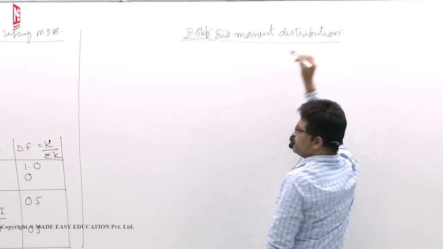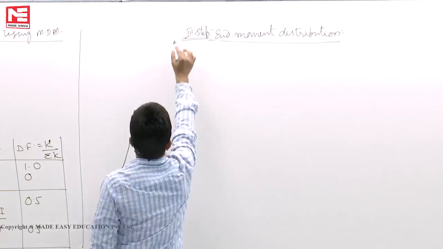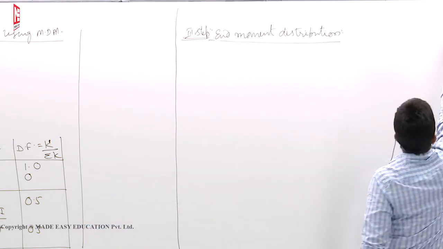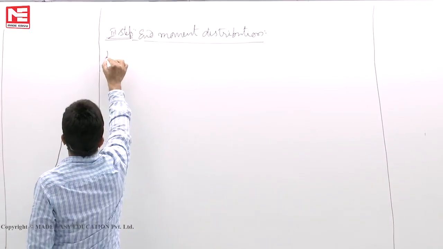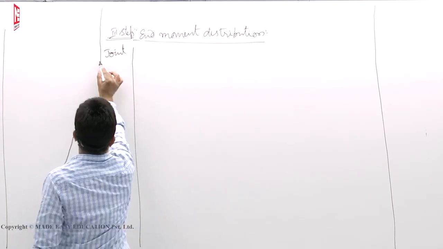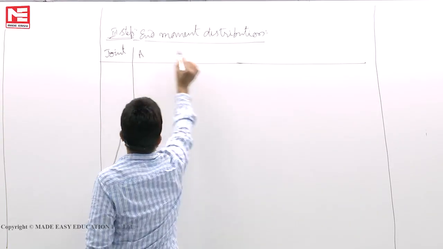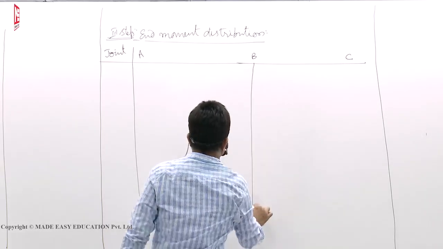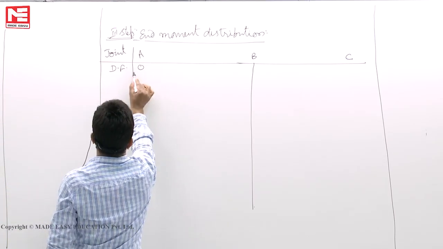Next problem, we will skip the second step also. End moment distribution. Joint, we have this is joint A, joint B, joint C. Here distribution factors at A, this is 0.